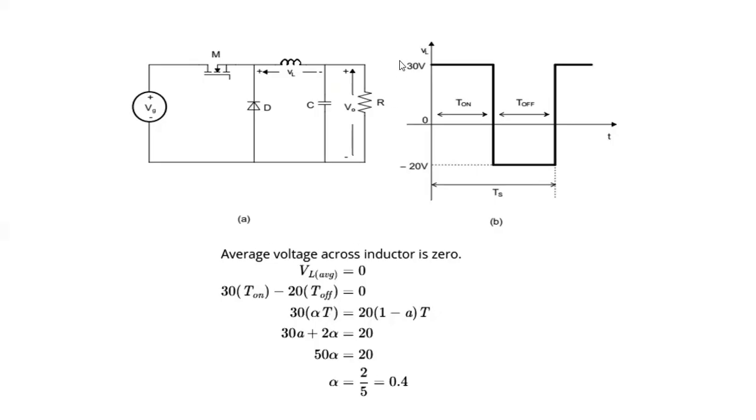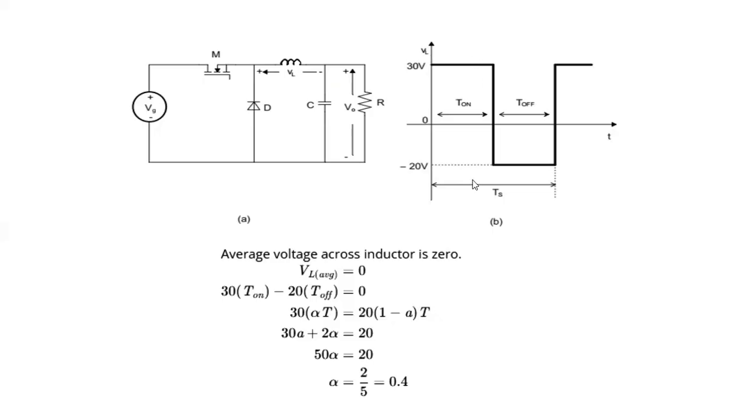We know that for the inductor, the average voltage over one full cycle is going to be 0. So we can equate the average voltage across the inductor to 0.